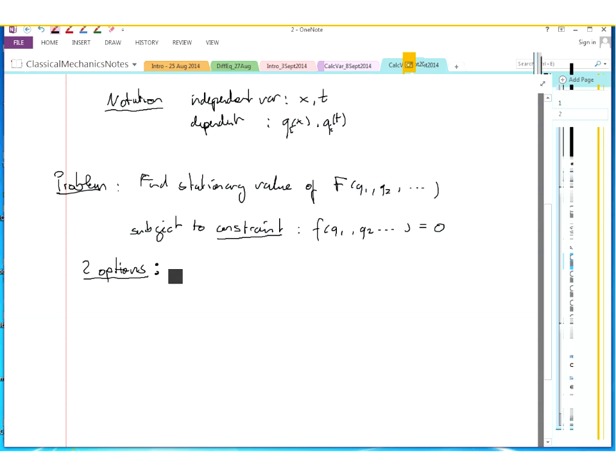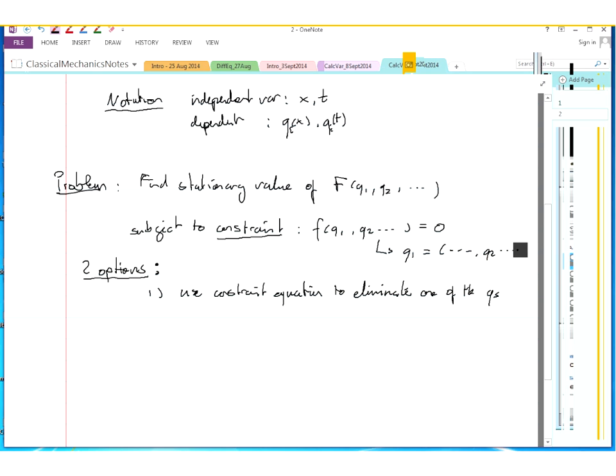So there are two options. The first option to solve this problem is to use the constraint equation to eliminate one of the q's.